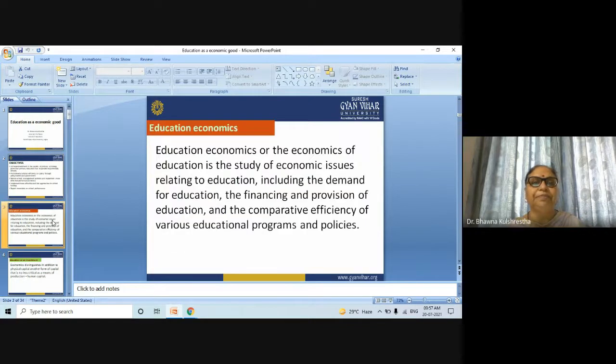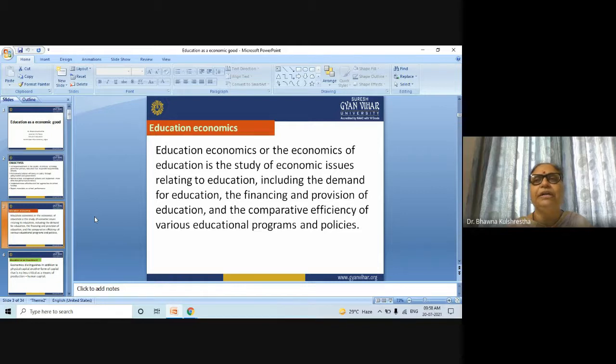And next, education economics. Education economics, or the economics of education, is the study of economic issues relating to education, including the demand for education, the financing and provision of education, and the comparative efficiency of various educational programs and policies.